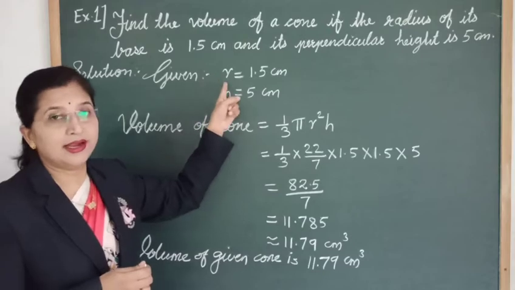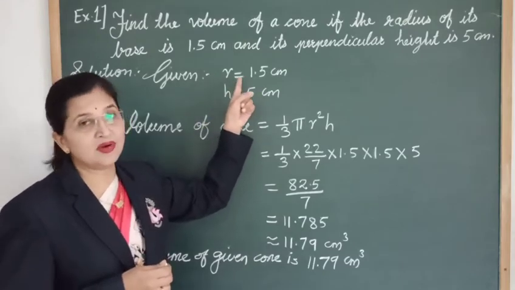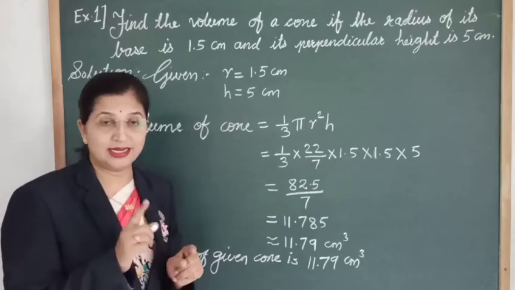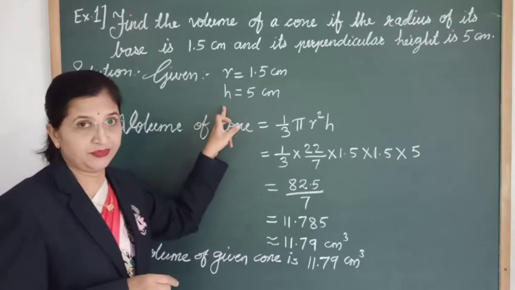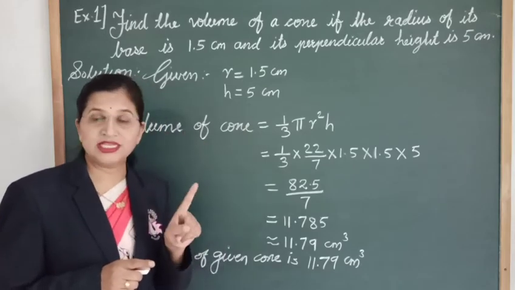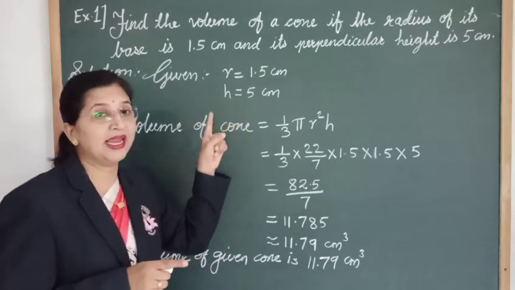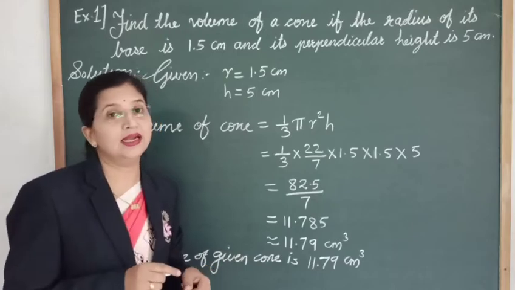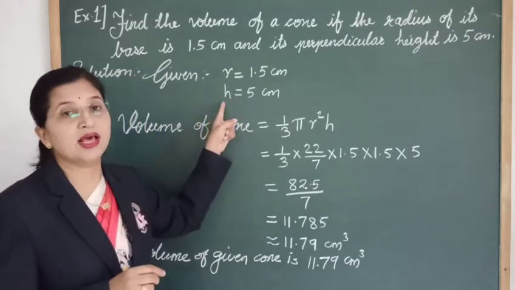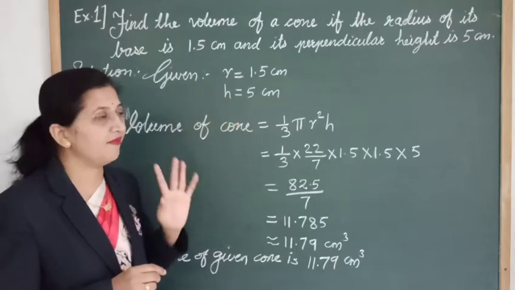Here the radius r is given as 1.5 centimeter, and the perpendicular height is h. In the case of a cone there are two heights. One is the perpendicular height denoted by h and another is the slant height denoted by l. Here the perpendicular height h is given as 5 cm.